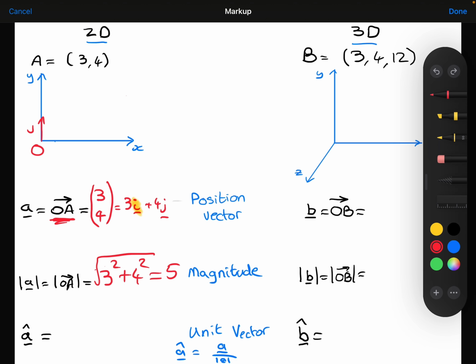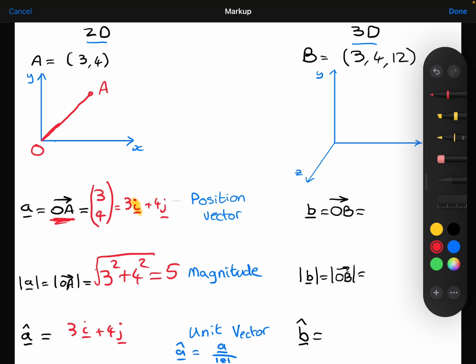In this case, I want to work out the unit vector that is in the A direction. Now remember, A was there. So I want to know what's the vector that's 1 unit in that direction. Well, I know that that direction can be shown with 3i plus 4j.